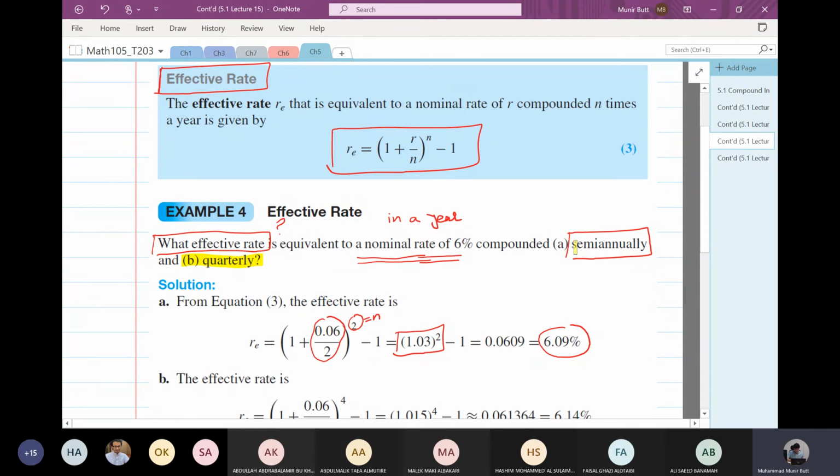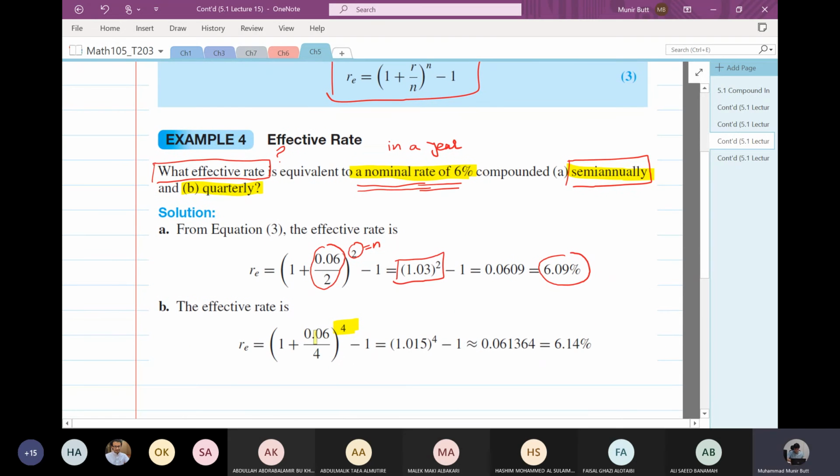In quarterly, in 1 year, how many quarters do we have? 4. So n will be 4. And similarly, if we have the data given in a year as 6%, what will the rate be? It means the rate in quarterly, you divide by 4. Agree?